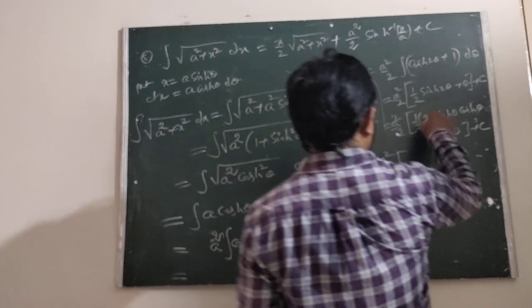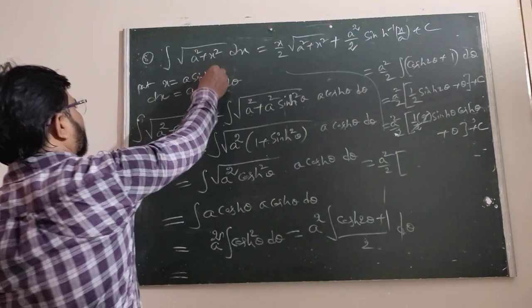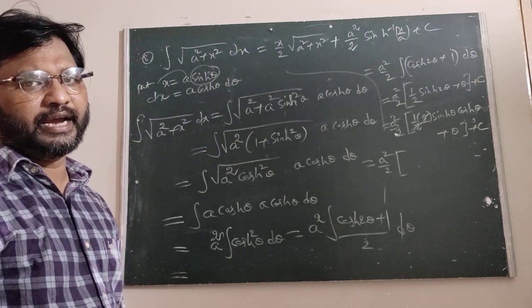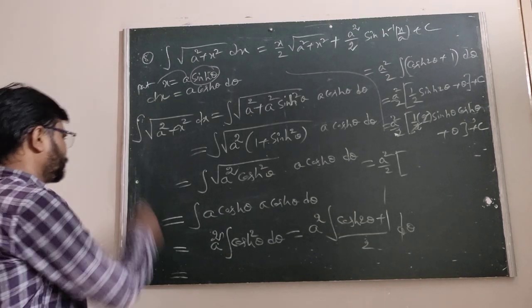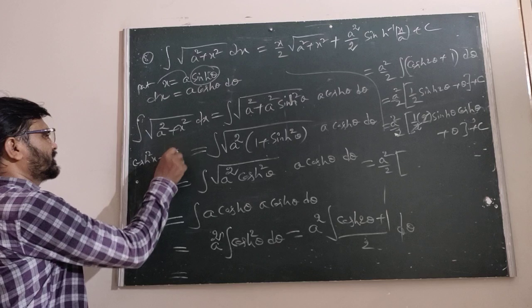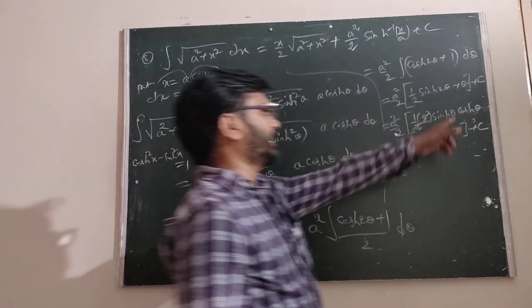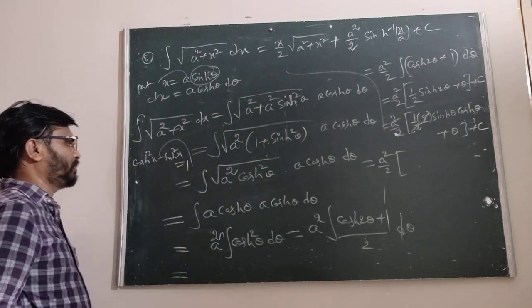Now we can write here the 2 cancel, sin h theta is x by a. We know that cos h square x minus sin h square x is 1. But cos hx can be written by sending the minus to the other side, plus 1.